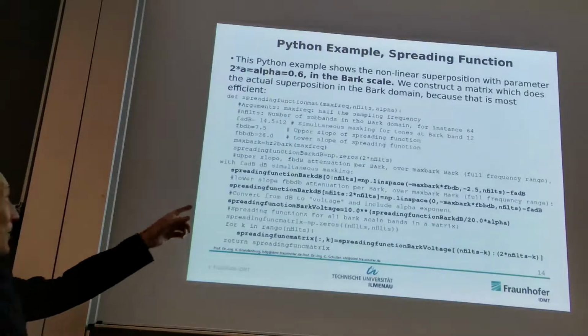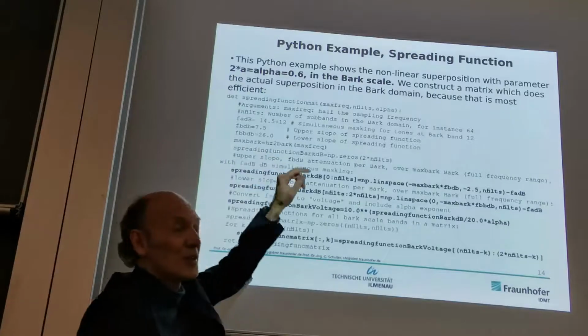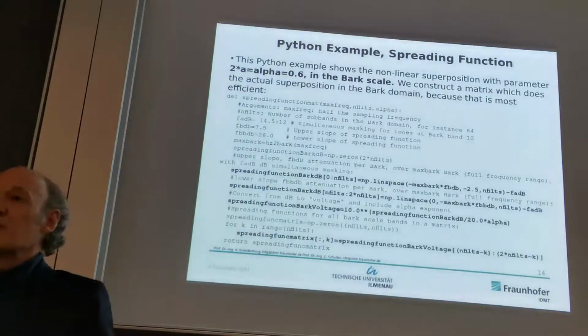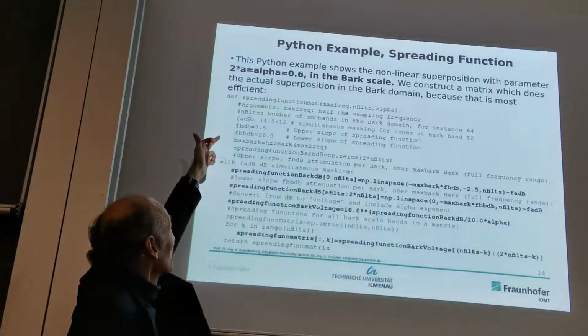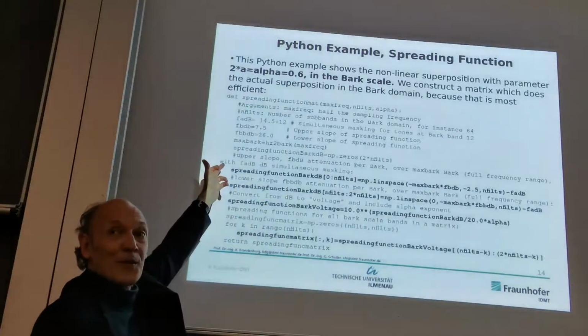So actually, this value here, the 7.5, depends a lot on how loud you listen to it. Questions? Does it make sense? So those first lines should be clear to you now. Are they?